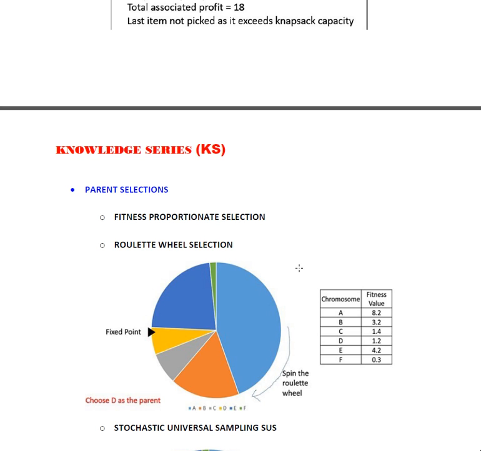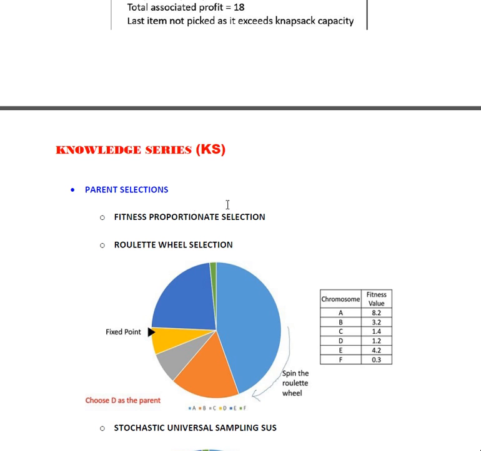Now, if you look at parent selection, fitness proportionate selection is nothing but an operator. In fitness proportionate selection, the probability based on the fitness function is considered for those populations to go for crossover.